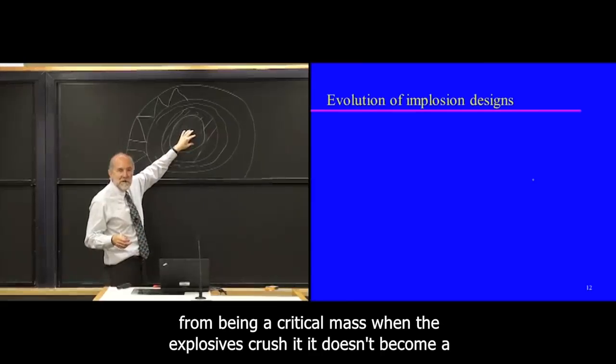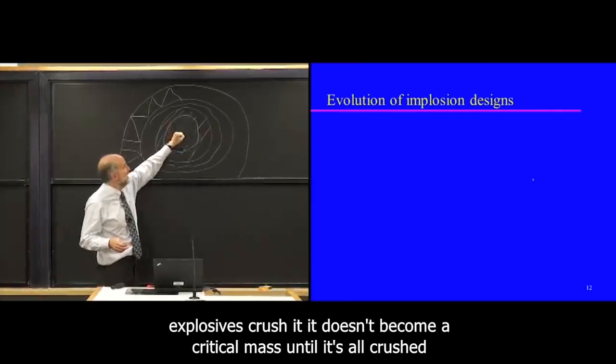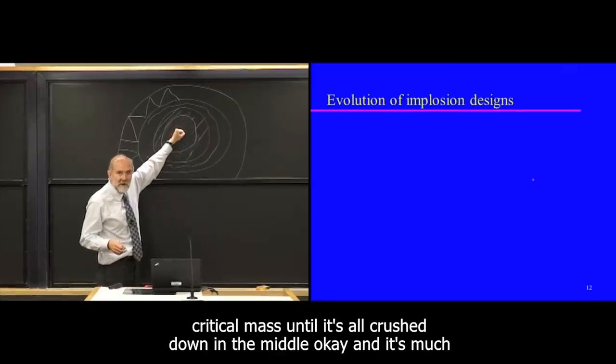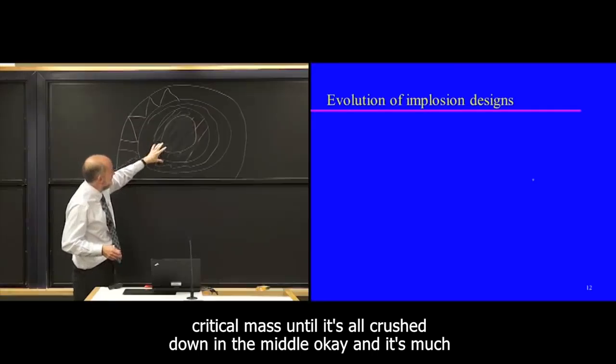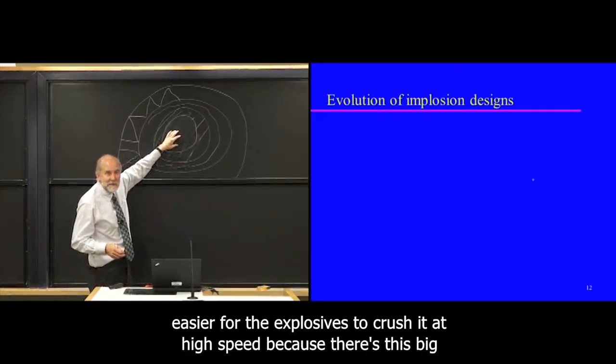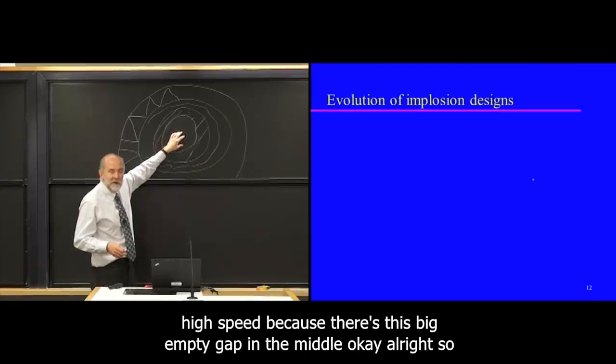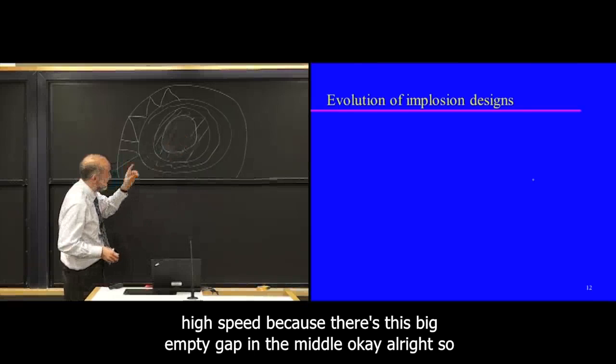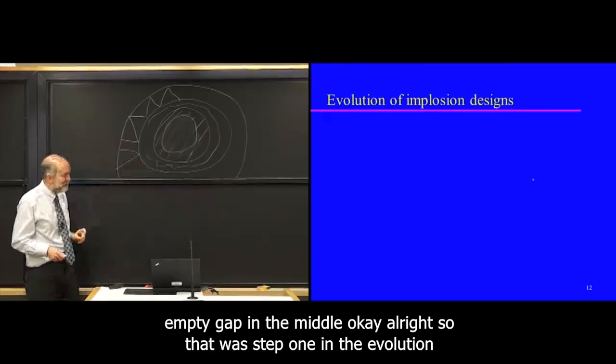When the explosives crush it, it doesn't become a critical mass until it's all crushed down in the middle. And it's much easier for the explosives to crush it at high speed because there's this big empty gap in the middle. All right, so that was step one in the evolution.